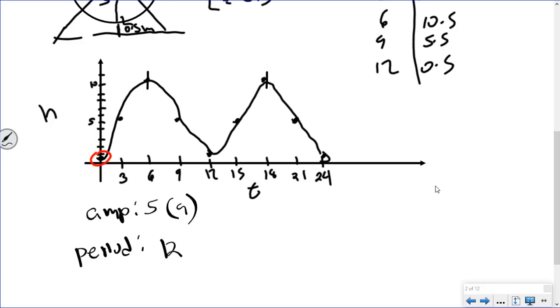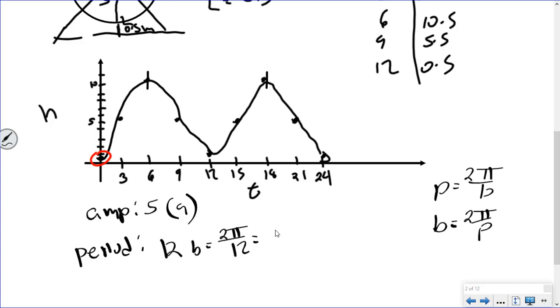We know that period is equal to 2 pi over b. If I rearrange that equation, I get b is equal to 2 pi over my period. So my b value here is going to be 2 pi divided by 12, or pi over 6. So there's my b value.